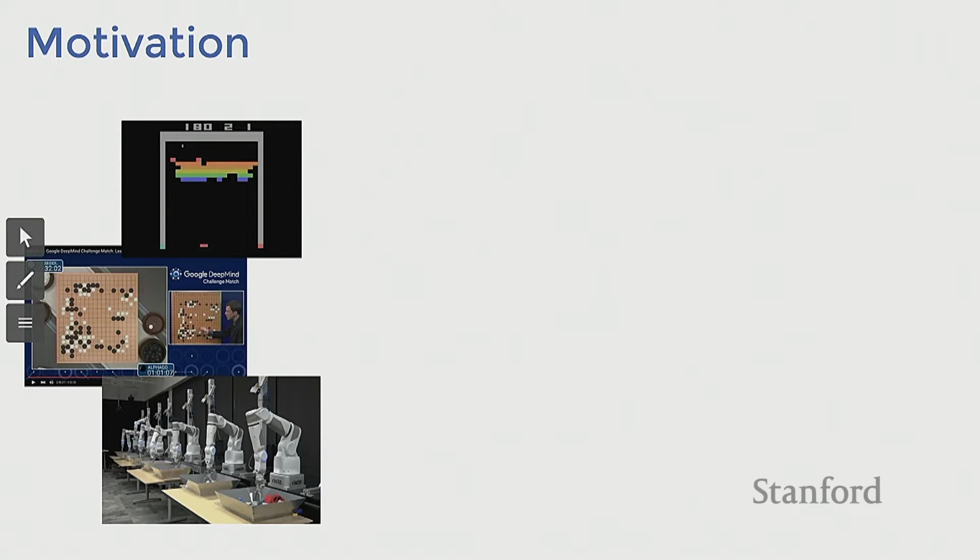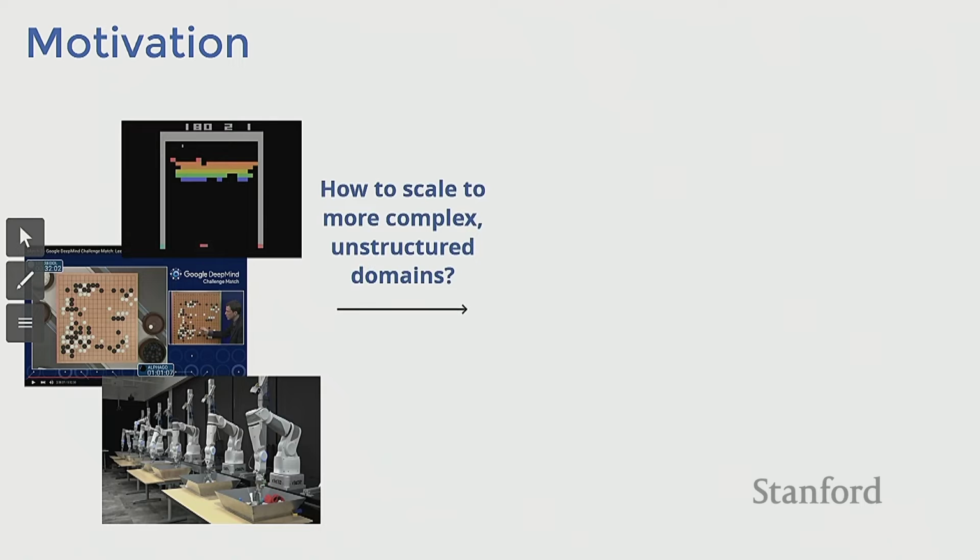A lot of the research I've been doing in the last few years has been motivated by the fact that in the last decade there has been really impressive development in applying machine learning techniques to a large number of fields, including some pretty impressive reinforcement learning on games and on robotics. Some of the questions I'm generally interested in asking is how do we scale this type of algorithms to more complex real-world applications?